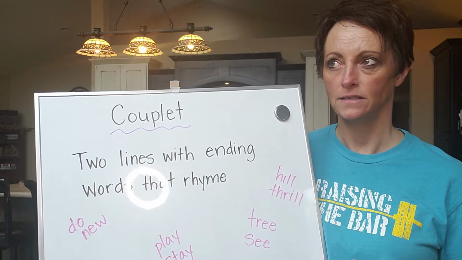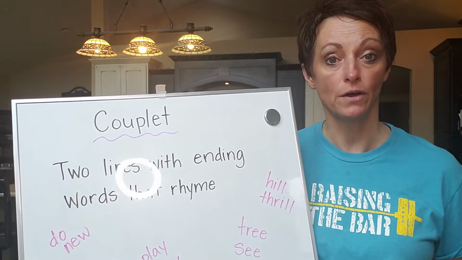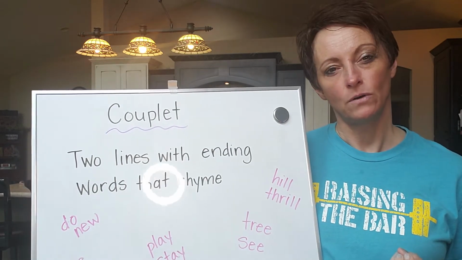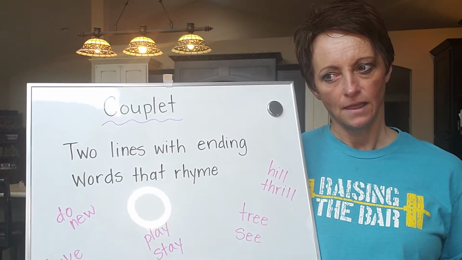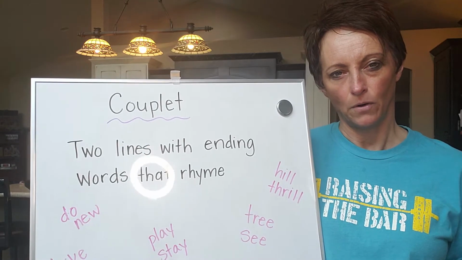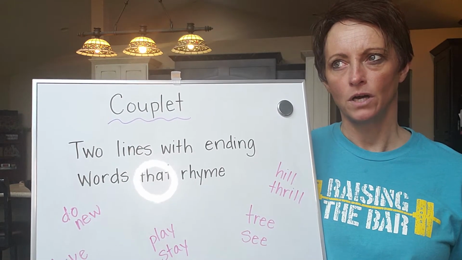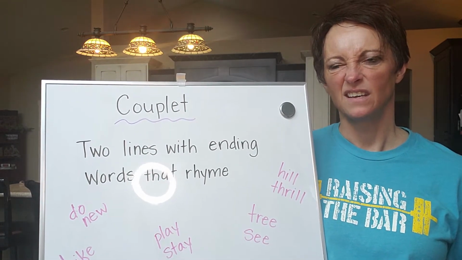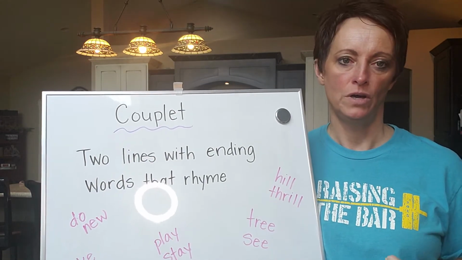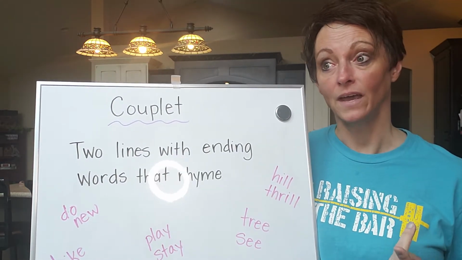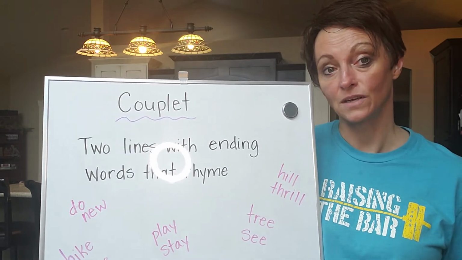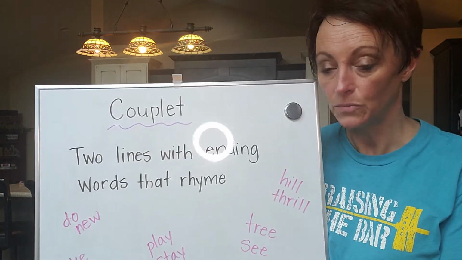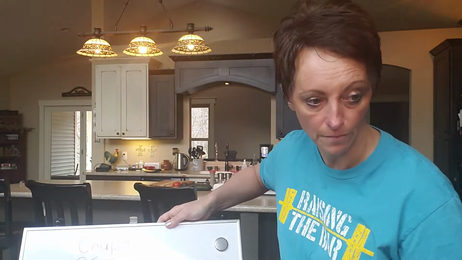So I thought, well, Boone's laying on the rug, and so what would rhyme with rug that I could write a poem about? And so I thought rug, bug, no, that doesn't really go, rug, hug, okay, that sounds like those two words could go together.